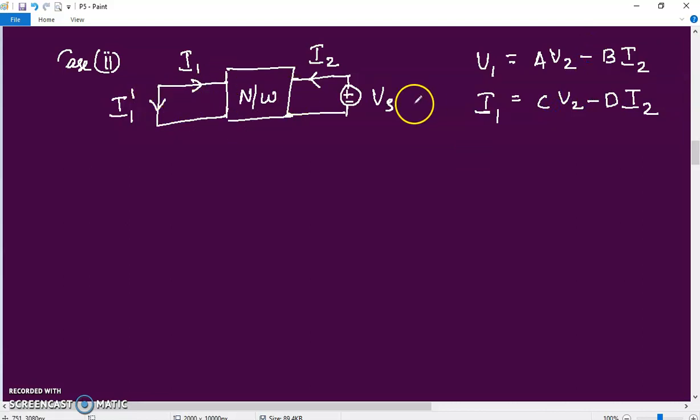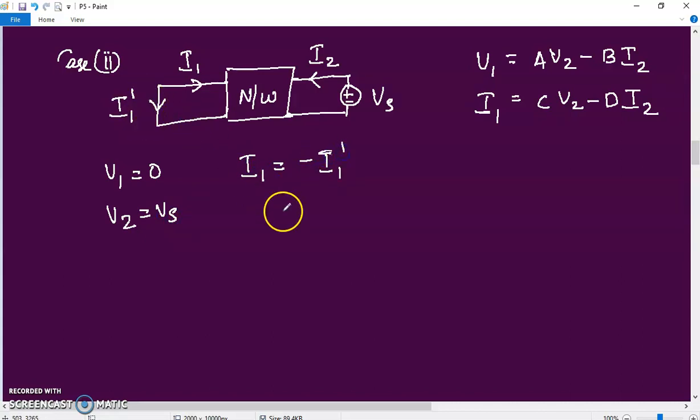So we have to evaluate the particular values, that is V1 is equal to 0 over here, V2 is Vs, I1 is equal to minus I1 dash, and I2 is I2 itself. So we can put these values in the equation.